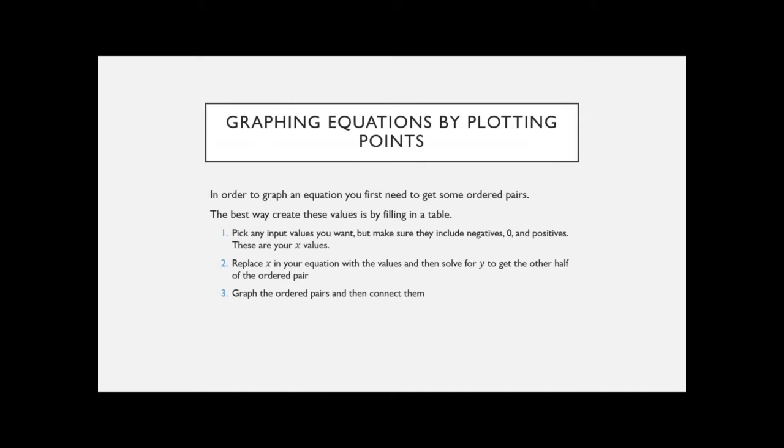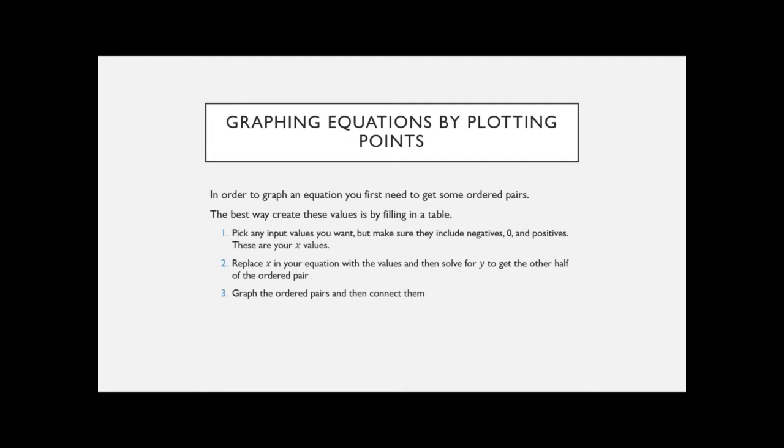So you pick a number for x, any number you want essentially, put it in the equation, and then figure out what y is. That gives you your pair that you can then plot. The general rule is you want about 5 of these to get a good picture. Then you plot your points and connect them, and that will give you a good graph of what it looks like.